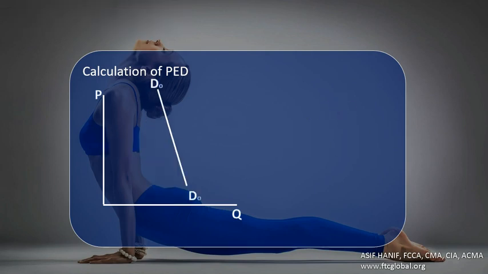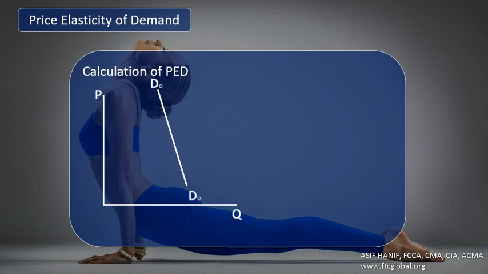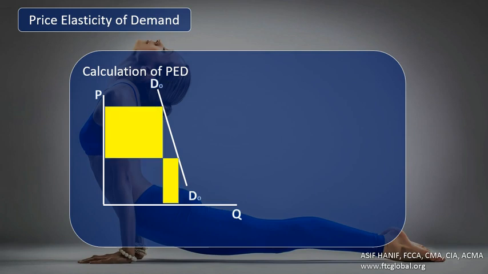If the shape of the demand curve is like this, it tells us that the price elasticity of demand is less than 1. Means that if there is a change in price, it will result in a very little change in demand. So if the price goes up, quantity demanded will fall, but slightly.